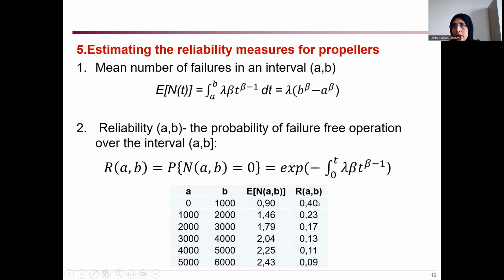Again, as we expected, because we know that this system is deteriorating, even though the time intervals all have the same length, the mean number of failures inside the interval is increasing, and of course reliability is decreasing.